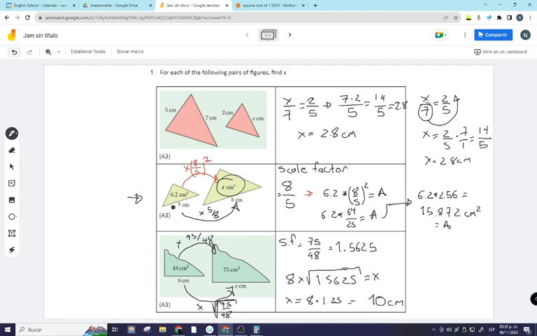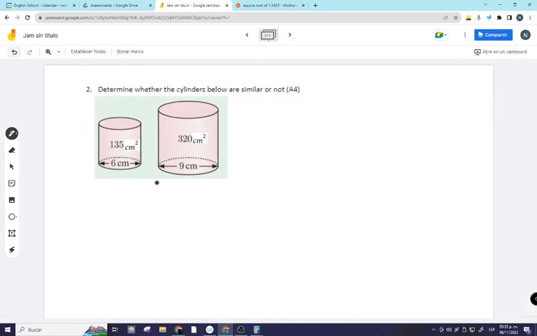Here we had the length and then the areas, we squared the scale factor. But since here it's volume, and sorry, this should be centimeters cubed, my bad, we have to find the cube of the scale factor.